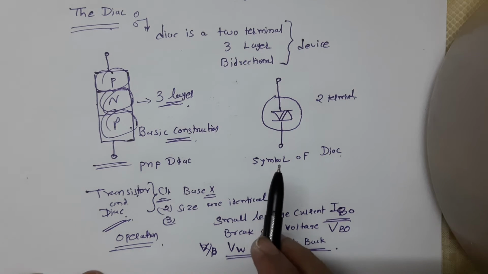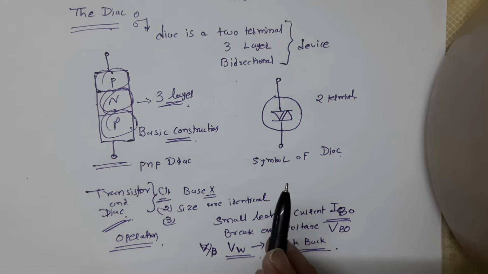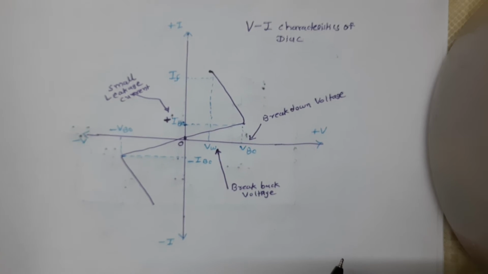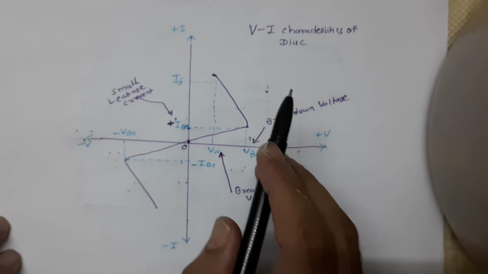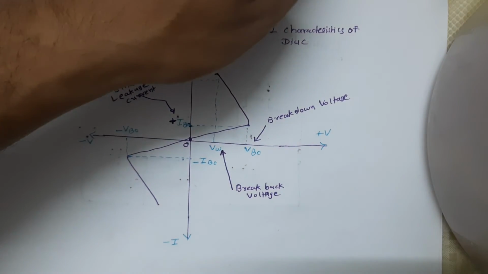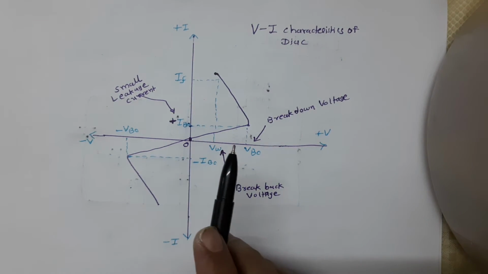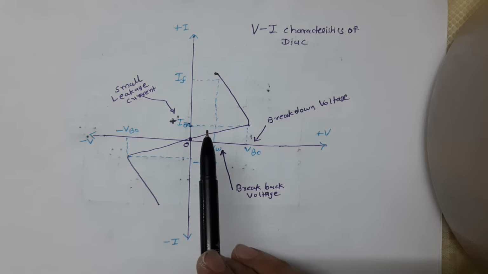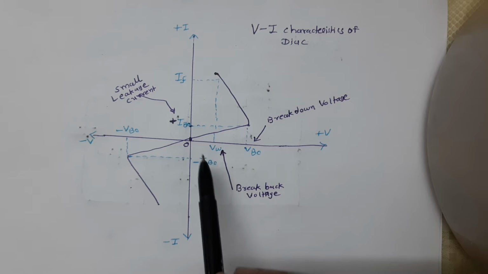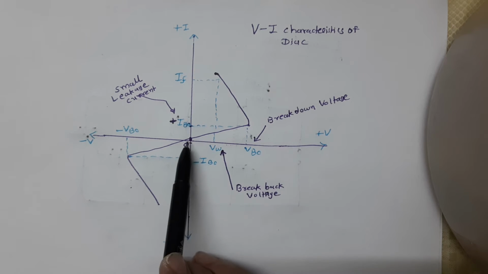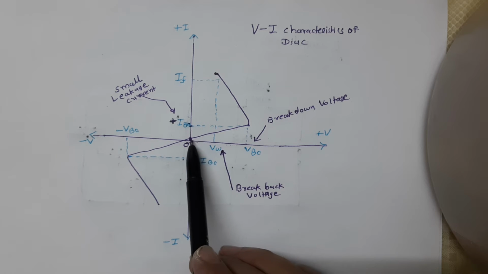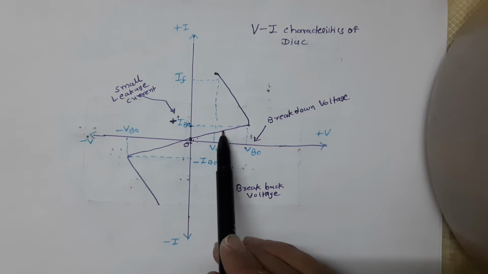This we see more clearly with the help of the characteristics. This is the V-I characteristics of the diac. See here from the characteristics, for applied positive voltage less than plus VBO, this is our positive voltage and this is our negative voltage. When we apply positive voltage, the current increase is very small.